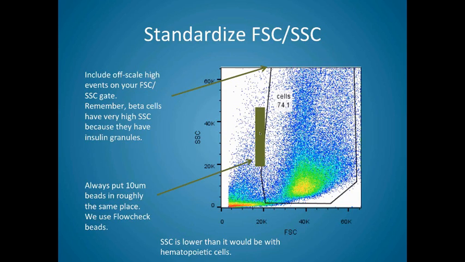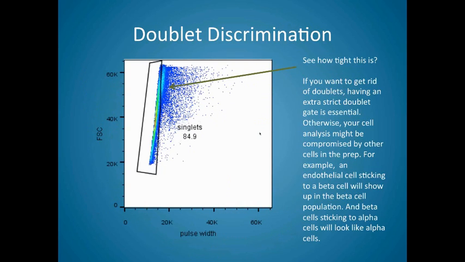Another really important thing before we even get to the antibodies is doublet discrimination. If you want a highly pure sort, you need to have a really tight doublet discriminator gate. On the Influx, we use pulse width. On other sorters, you'll use forward scatter width.